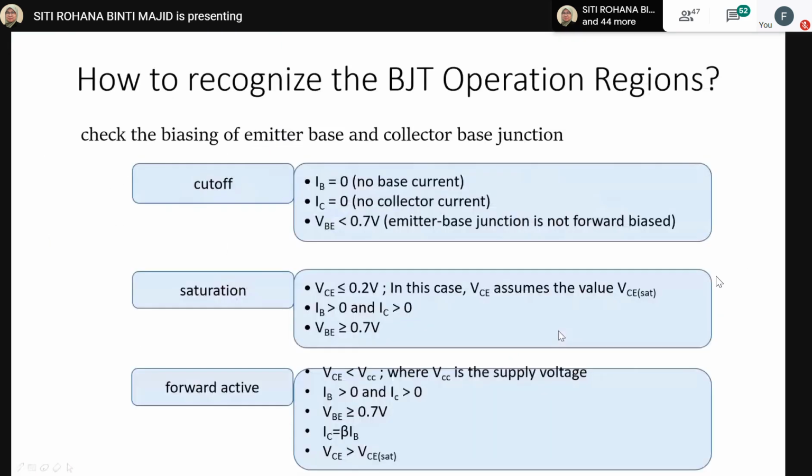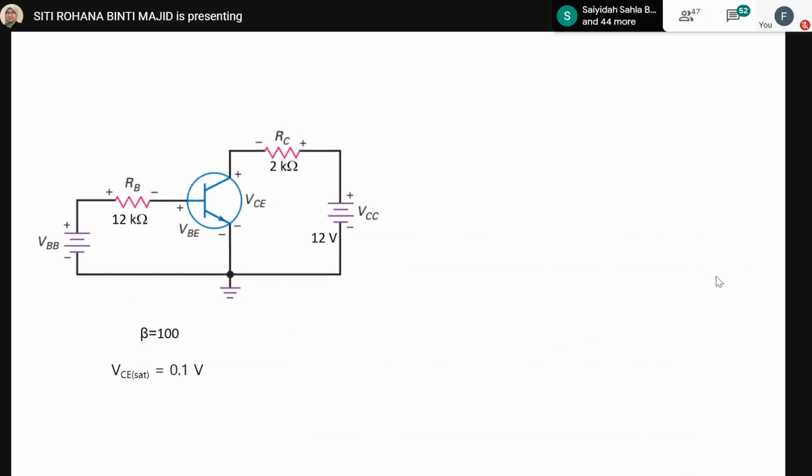Okay, we proceed with a simple example. In this circuit we have a VCC, beta equal to 100, and it is stated that VCE saturation is 0.7 volt.